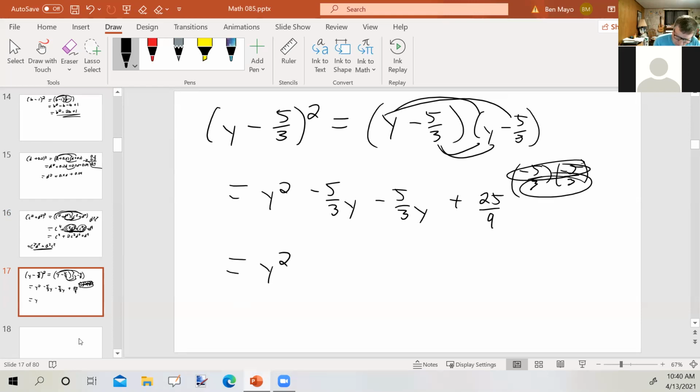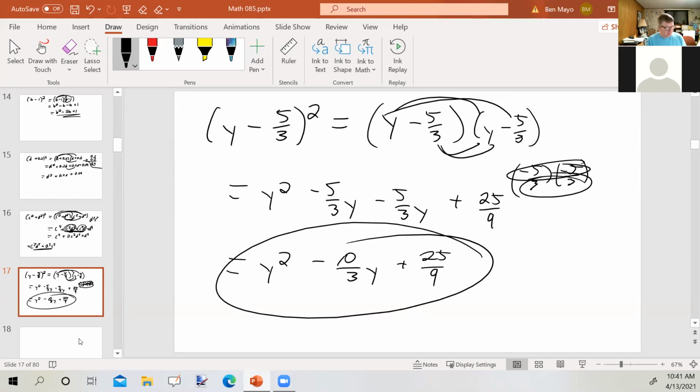So y squared minus 10/3 y plus 25/9 would be the final product. All right, so that's dealing with a situation where you've got two identical factors and you multiply them together.